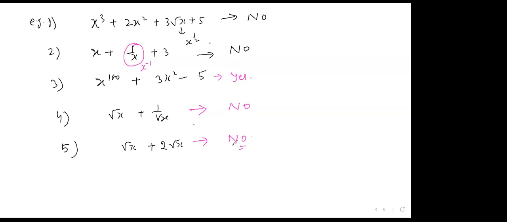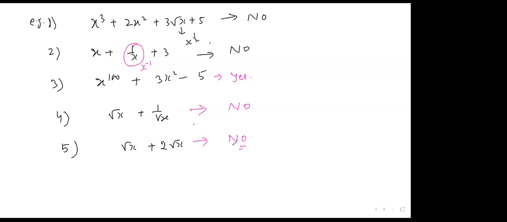Now I think your concept about polynomials must have been cleared so far, with what are the polynomials and what are not. Can you explain once again what are the polynomials?